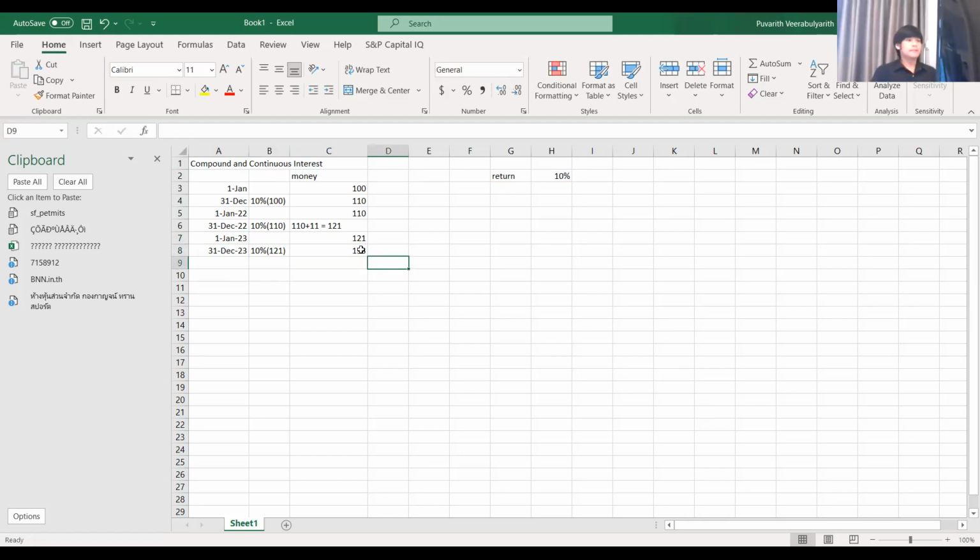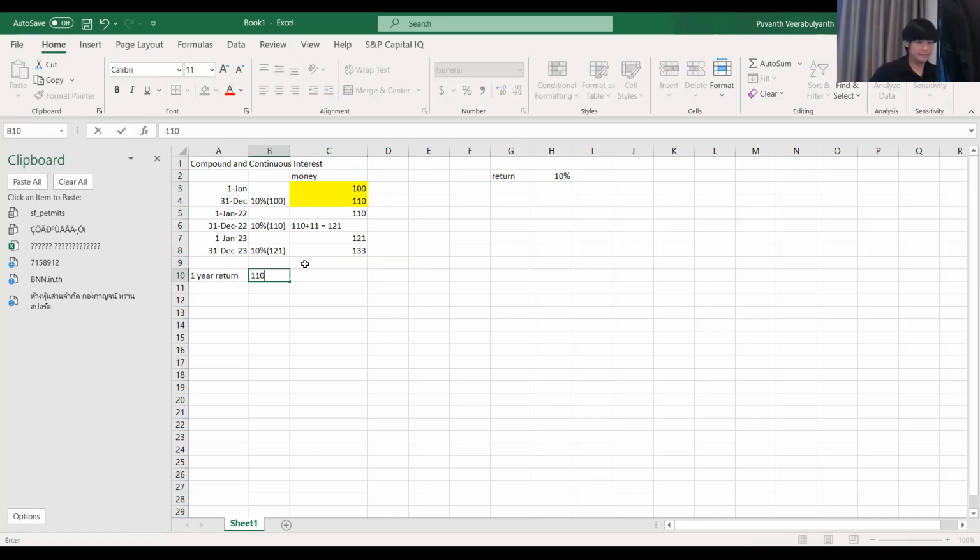This is quite simple, but the thing I want to show you is our return. As you can see, our first year return: at the first we have 100, and at the end of the year we have 110. So our return is 10 baht, right?